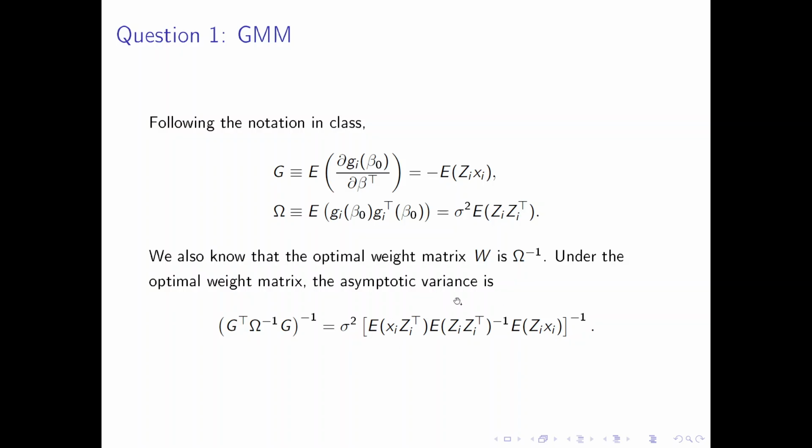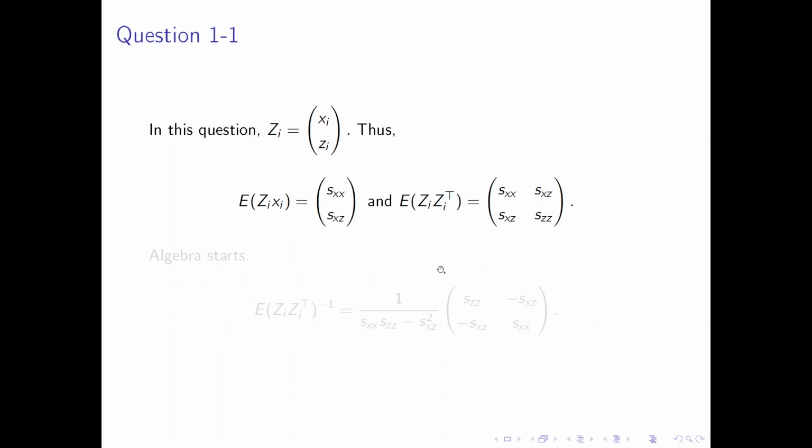Anyhow, we derived almost everything, and we'll just plug in our instrument here. The first situation is where the instrument includes x itself and another instrument, and then G, the expectation of big Z times X, takes this form, and Z prime takes this form.